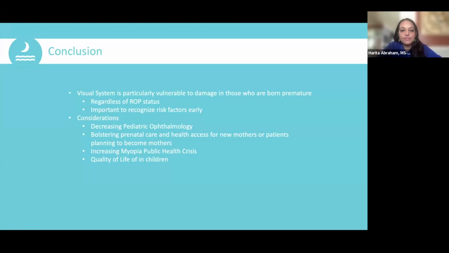developmental issues. And there's also an increasing myopia public health crisis. I think about the children and the babies born prematurely who already might have some developmental issues with their eye health and their vision health, and they're entering into a world where we have a huge myopia problem. We don't go outside anymore. We're sitting in front of our screens, and that already is so bad for our eyes.